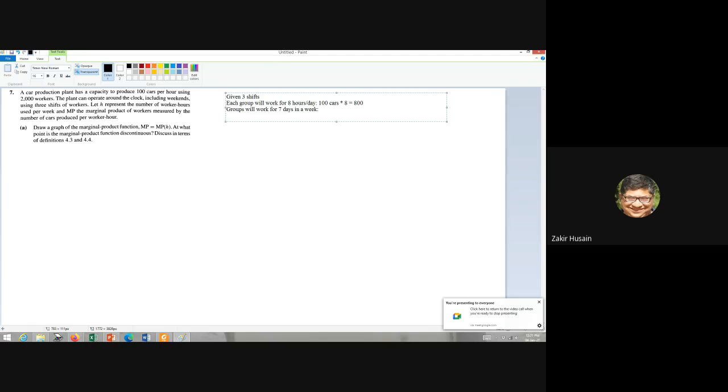So that means there's going to be a total of 7 into 3 equal to 21 shifts. So in a shift, you're going to produce 800 cars. In a week, there are 21 shifts.